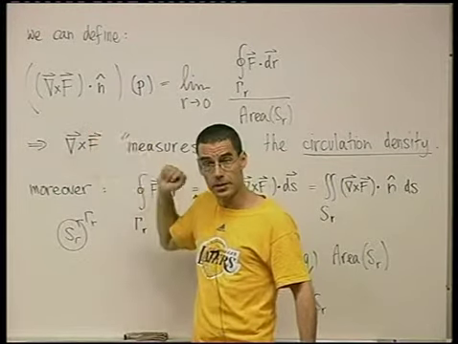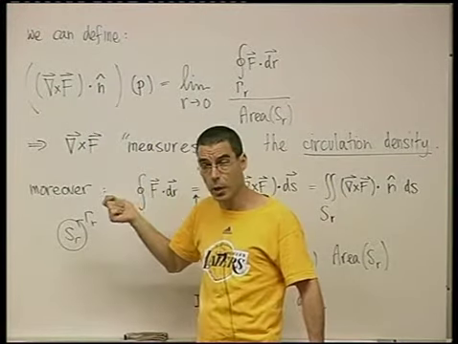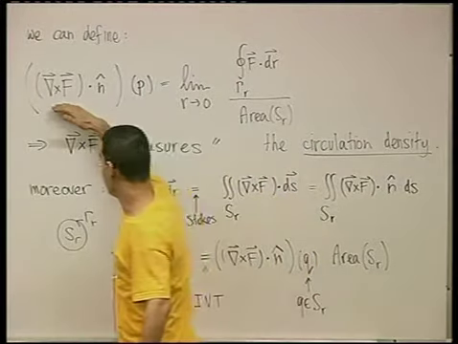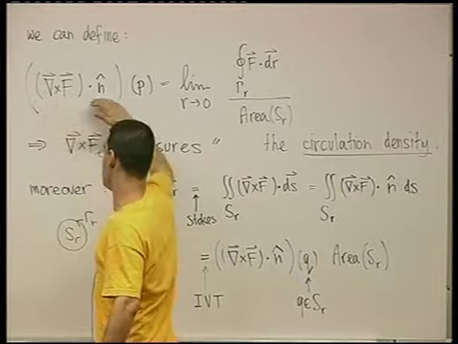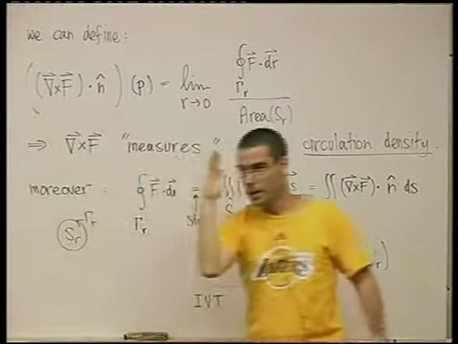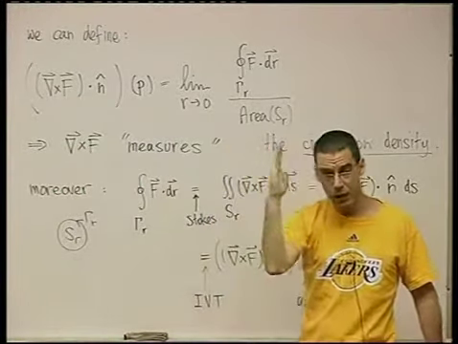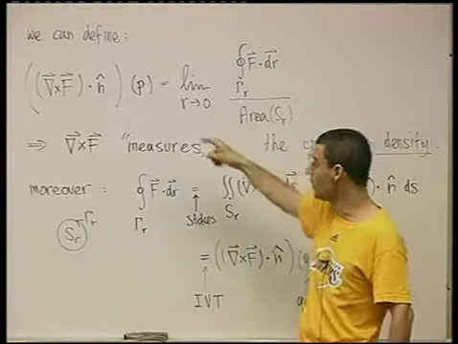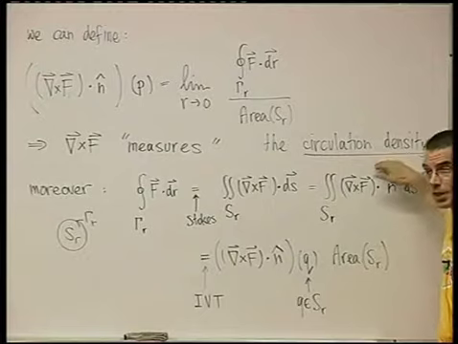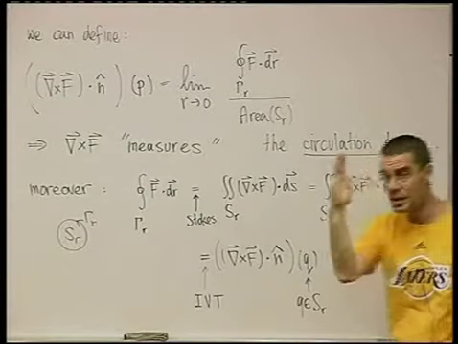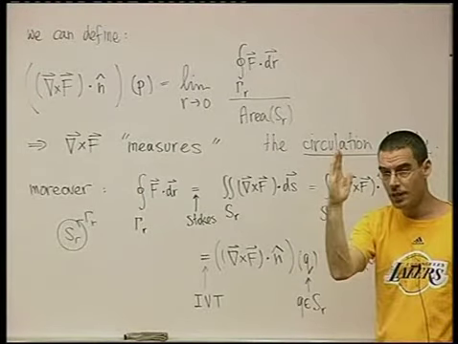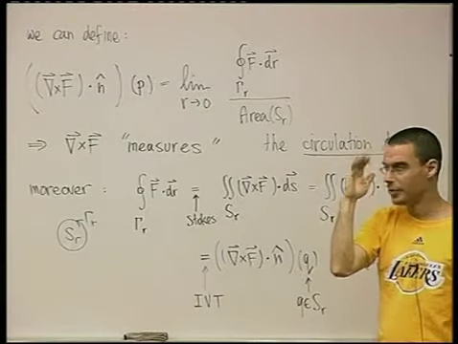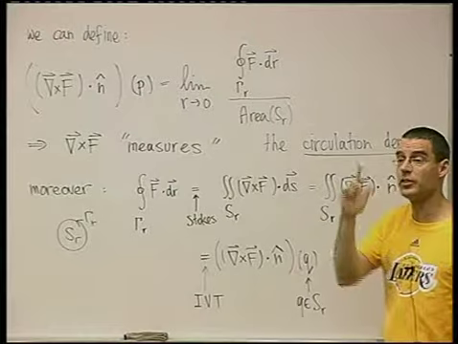Then their dot product is going to be the greatest because we're multiplying by the cosine, right? That's how we do dot product. So the circulation is going to be the greatest when the rotor is parallel to the normal. So if the rotor is pointing in the direction of the normal, then you're going to have maximum circulation, and therefore the direction of the rotor is called the axis of rotation.